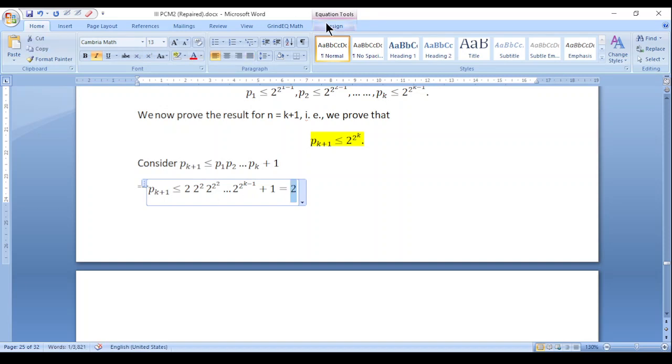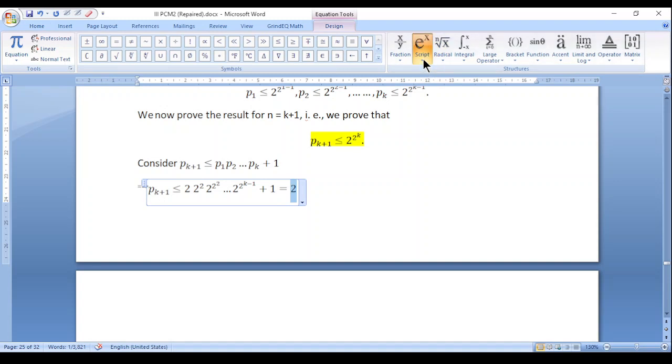It would be 2 to the power 1 plus 2 plus 2 square. Am I right? 2 square and so on, plus the last number would be 2 to the power k minus 1. Correct? And you have a plus 1 outside this as such.